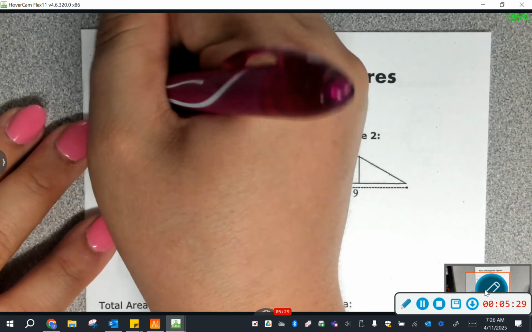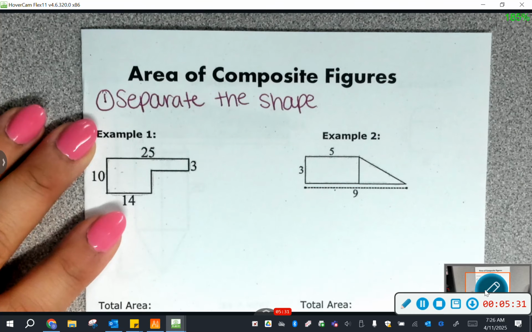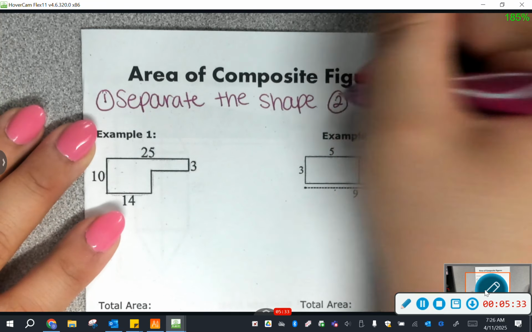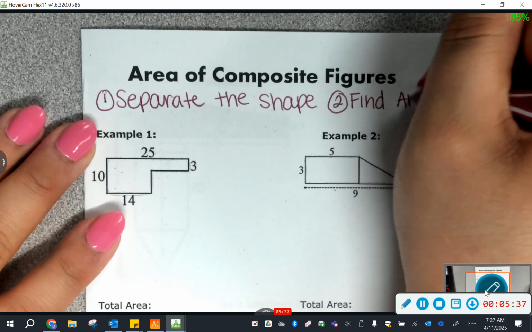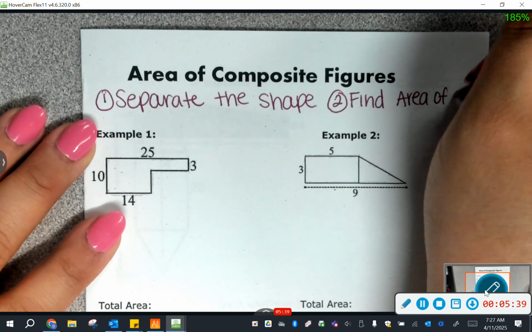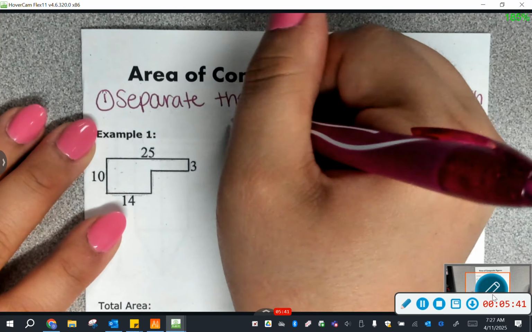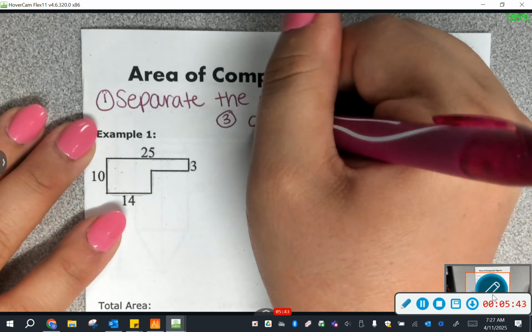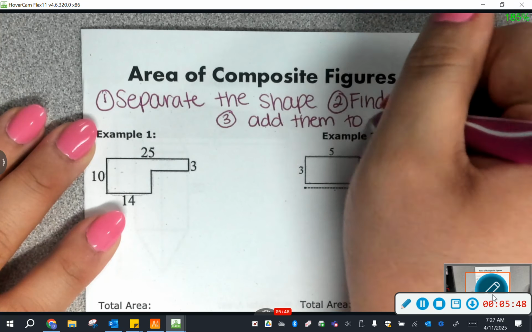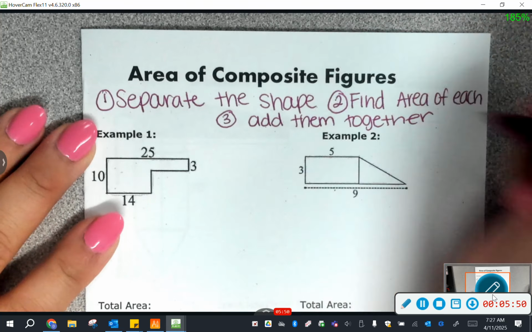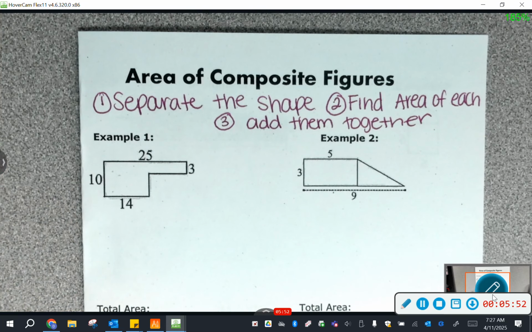First, you're going to separate the shapes. Then you're going to find the area of each. Write this down, please. And last but not least, you're going to add them together. Those are the 3 steps we are doing today.